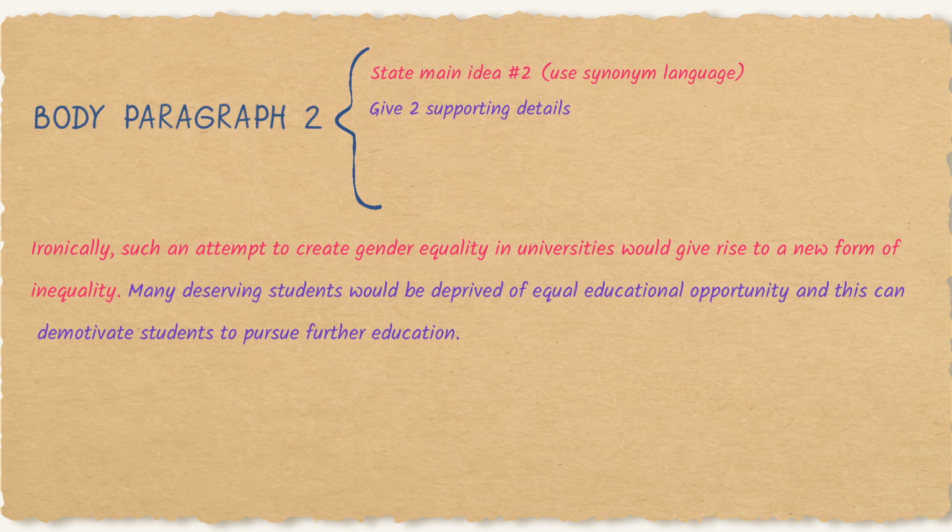So, I'm going to talk more about deprivation of students and demotivations. All right. Now, in our next sentence, I'm gonna explain my first supporting detail and I'm gonna elaborate, all right? Elaborate more. What do I mean by depriving of equal educational opportunity?